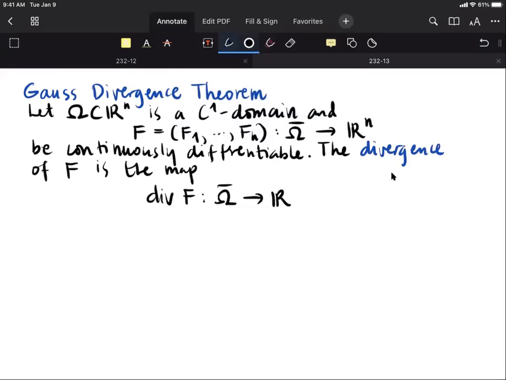It is defined as follows. The divergence of F is formally the dot product of your gradient operator and F. So this is the sum of the jth partial derivative of the jth component.